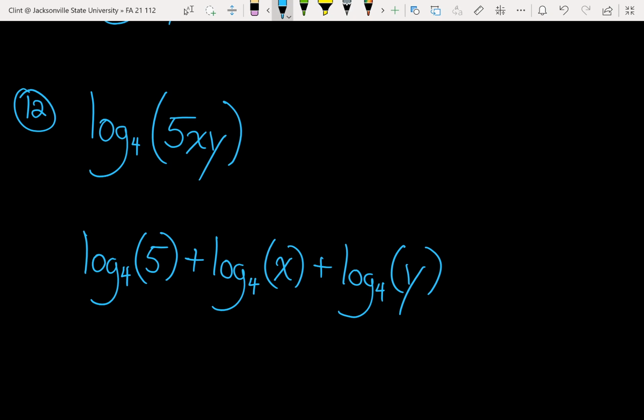And if you need to take 2 steps, that's fine. You can do it in one, that's fine too. These are all multiplied together, 5 times x times y, so they all turn into addition. We don't have to do anything to the base. It just stays the same through the whole problem.